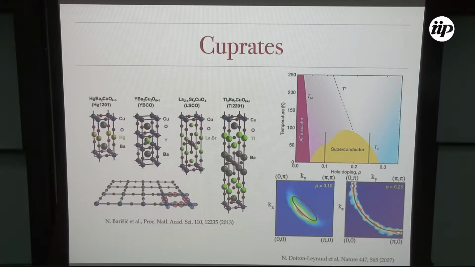But more mysterious phases are present in the underdoped regime. There is superconductivity, of course, and one more is the pseudo-gap phase, which is characterized by a Fermi-surface which does not contain a closed pocket, and this is a disconnected arc.